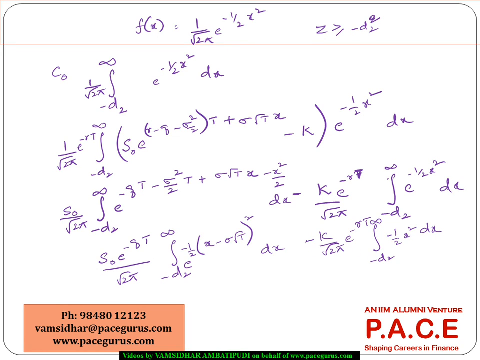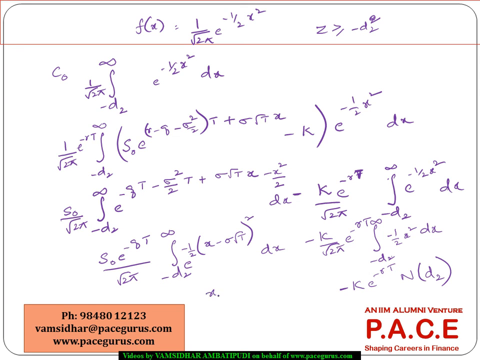Now, frankly speaking, this second part, K times 1 by root 2 pi integral from minus d2 to infinity of e to the power of minus half x squared, I can very well write as K e to the power of minus rt N of d2, because this entire thing directly works out to N of d2.